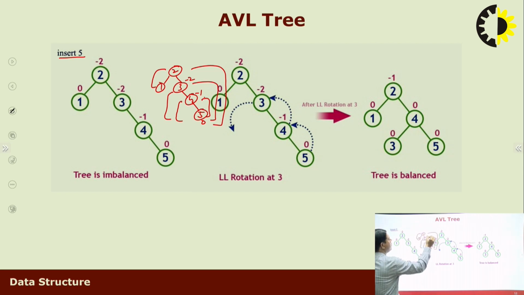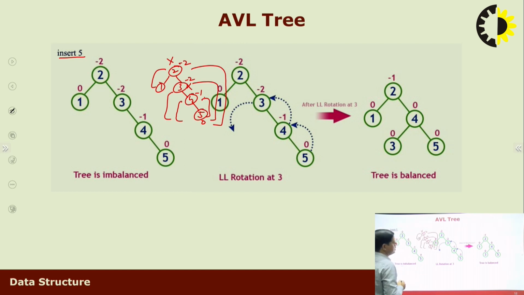That is 1 minus 3, that is minus 2. That means the tree is unbalanced at node number 3 as well as node number 2. If the tree is unbalanced at more than one node, then for balancing, we always follow the bottom approach. That means, first of all, we will rotate the tree at the bottom level and after that, at the next level if there is a need.